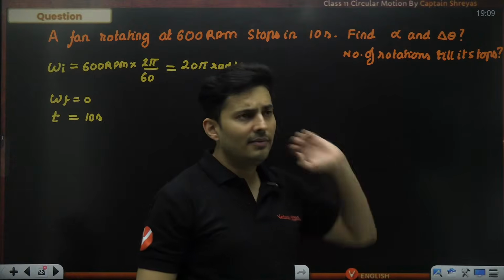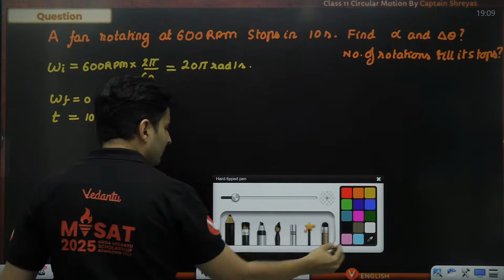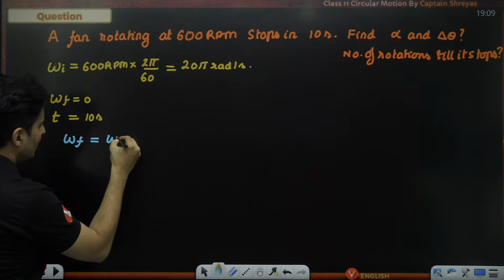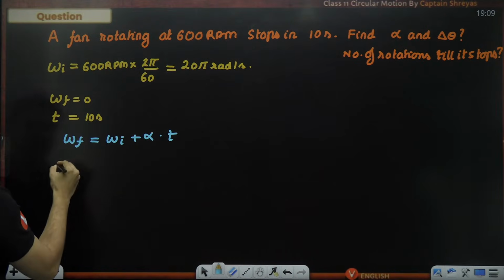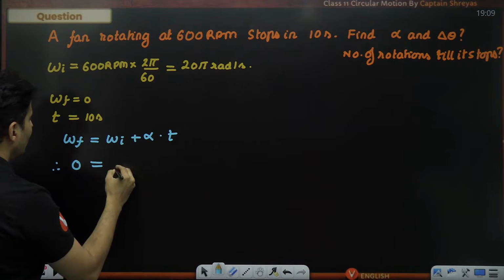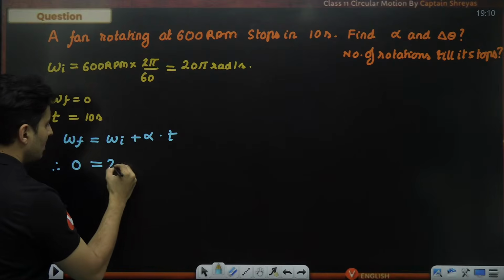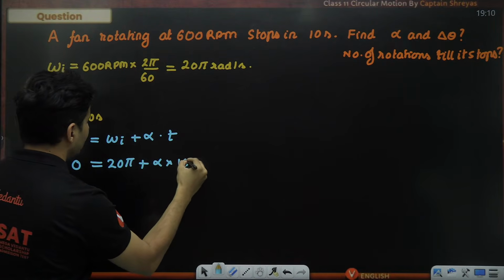If I have to find alpha first, the obvious choice of equation will be which one? My final velocity will be initial velocity plus acceleration into time, the first kinematic equation. Final velocity is 0, initial velocity is 20 pi, alpha I do not know, time interval is 10 seconds.